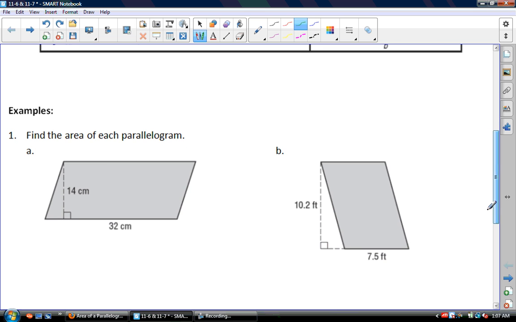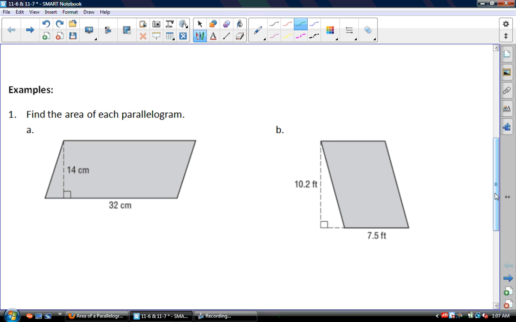So for our examples, we want to find the area of each parallelogram. For the first one, since it's a parallelogram, we want to use the formula A equals BH. And the base is the only side that we actually have a measurement of, is this one. So this is the base.